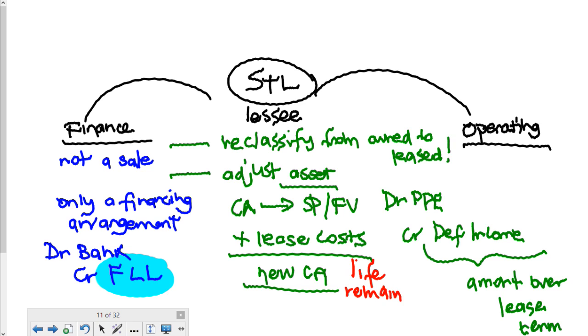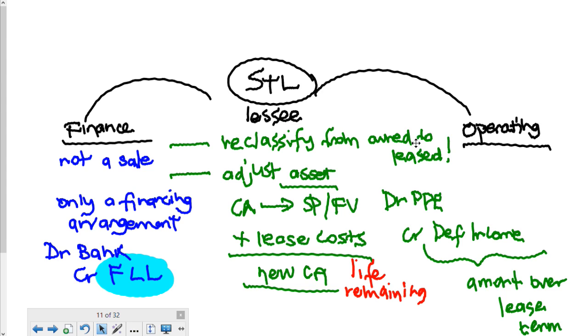Because I'm going to depreciate it now over the remaining life. Do you agree? It no longer is the carrying amount that it was at the original cost. It's changed. If I carry on depreciating on original cost, I'm never going to get to zero or to the residual that I need to get to. Okay, so I have a new carrying amount. I have to depreciate it over the remaining life, and I start my depreciation calc from scratch.